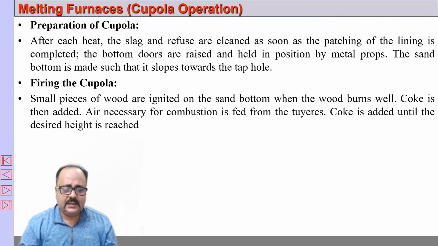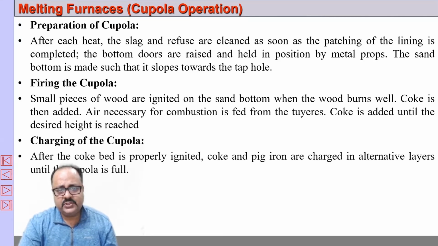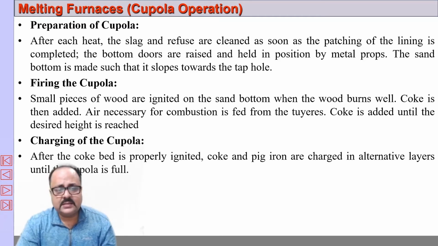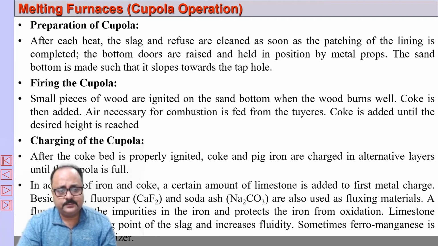We keep on adding the coke until a desired height is reached. Then we charge it, after the coke bed is properly ignited, with coke and pig iron in alternate layers: coke, then pig iron, then coke, then pig iron, like that. Plus certain fluxes are also added.